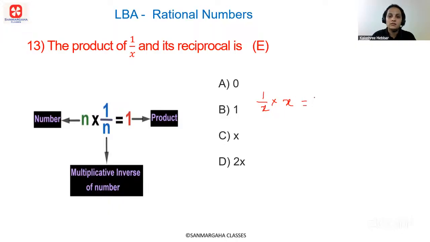So that is 1. The options are A) 0, B) 1, C) x, D) 2x. The correct answer is B, 1. 1 by x and its reciprocal x is equal to 1.